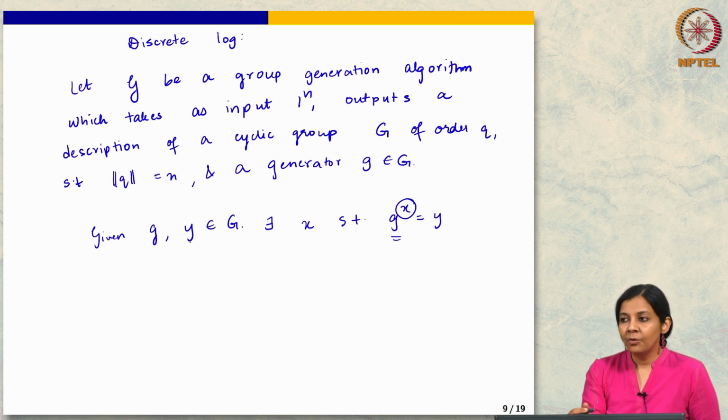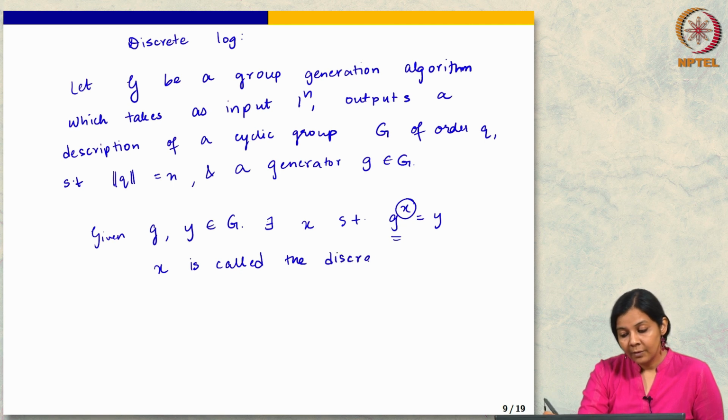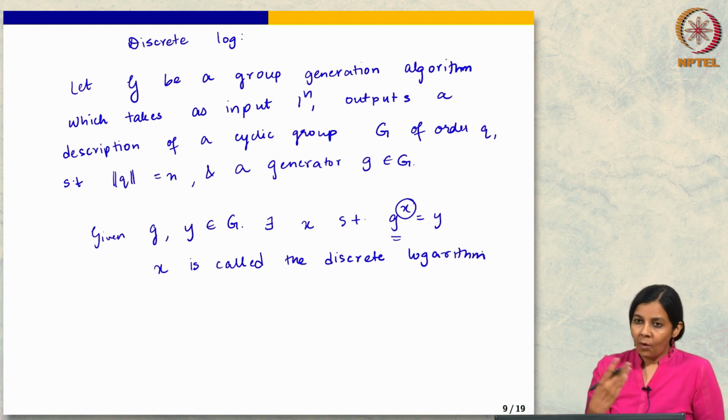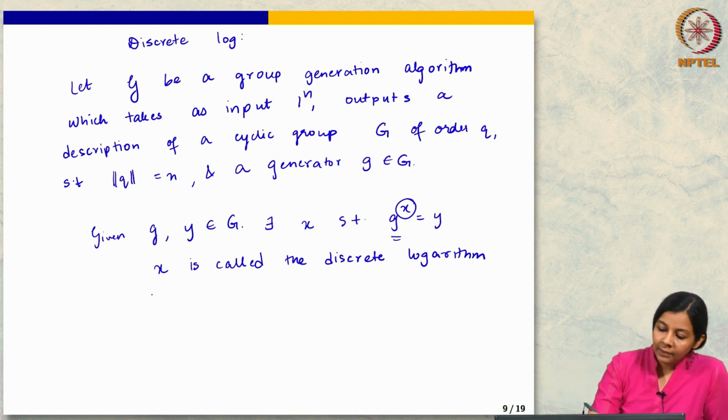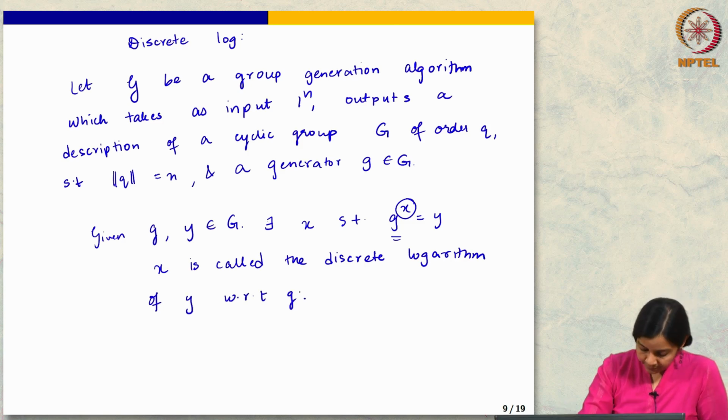So there exists some x such that g to the x is y, and we will call x the discrete logarithm. It is obvious why the name: it is a logarithm and it is discrete because it takes discrete values. This is the discrete logarithm of y with respect to g.